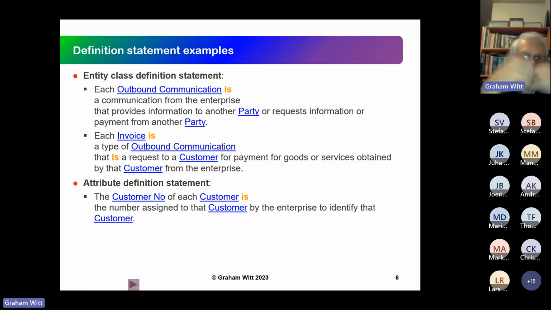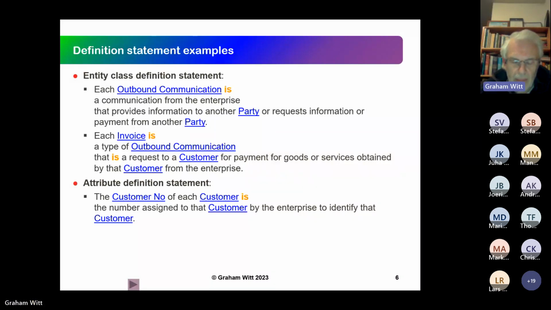There's another approach that says if an attribute of a given name does appear in multiple entities, it must have exactly the same definition in each of those, but that's not always the case if we look at how business use the terminology. So the default position that I've adopted is to assume that we need to define each attribute in terms of the entity to which it belongs.